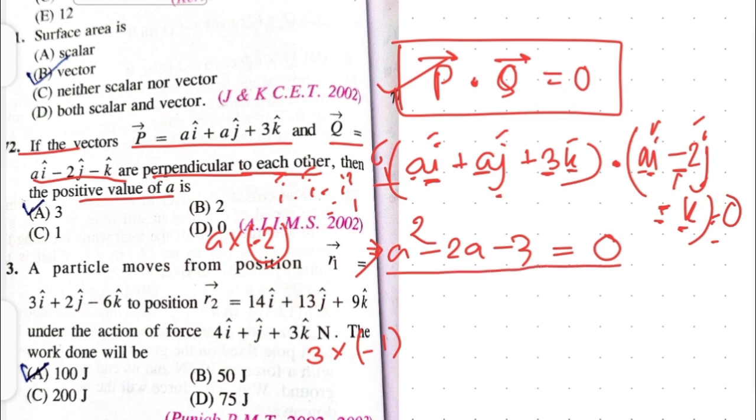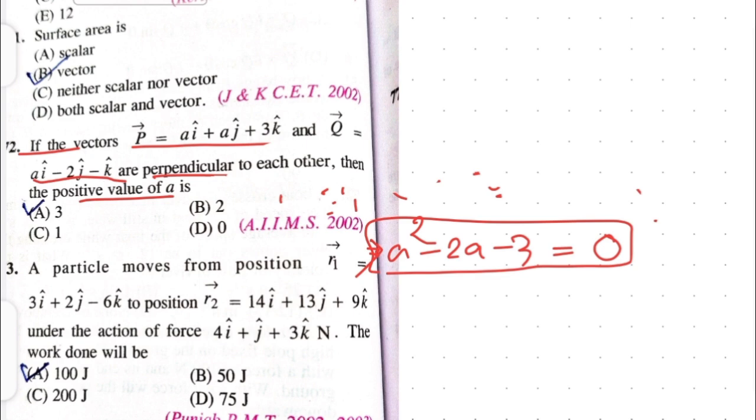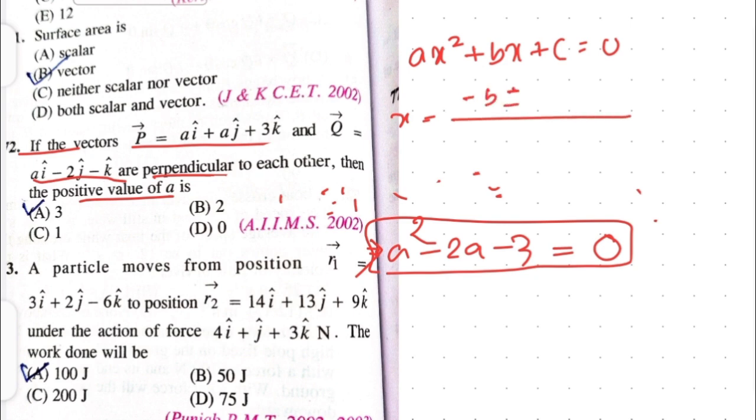Now as we can see, this is a quadratic equation. So how will we solve this? We will simply use the formula that we know. That is, if ax square plus bx plus c is a quadratic equation, then the root or solution is minus b plus minus root over b square minus 4ac by 2a.